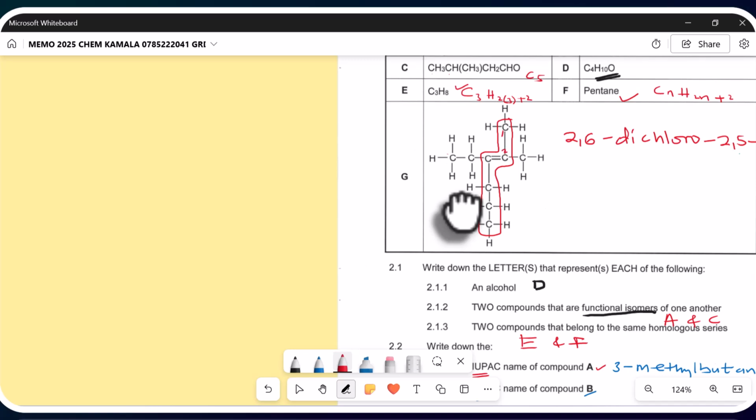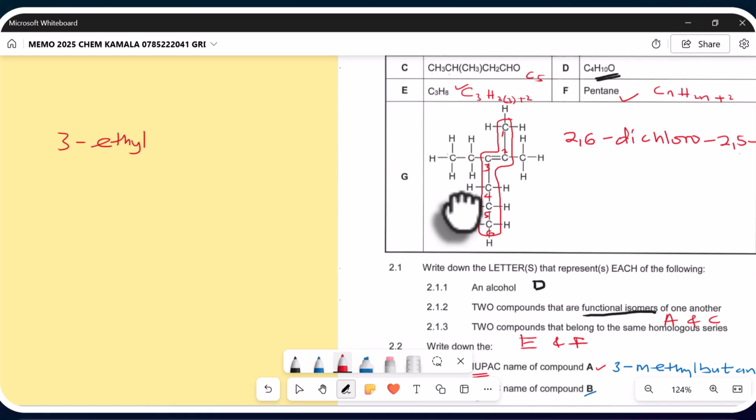And because there are 6 carbon atoms, I'm going to say hex-2-ene. This hex is for the 6 carbon atoms. Now alkenes, when we name them, we end with ene. That's our answer for compound G's IUPAC name.